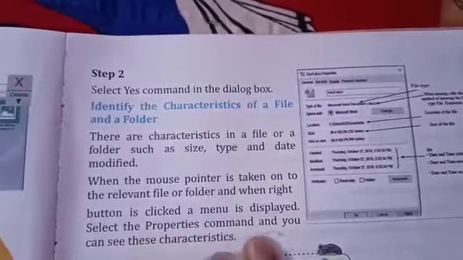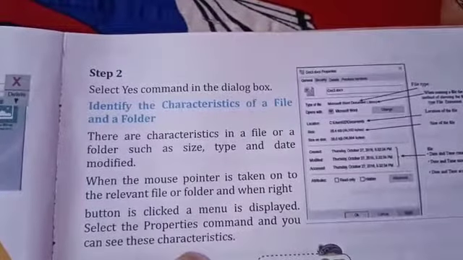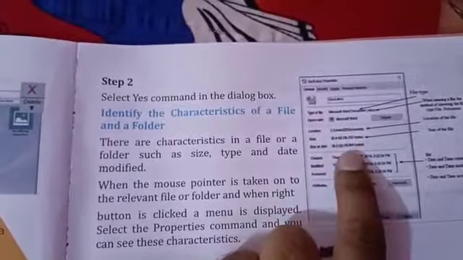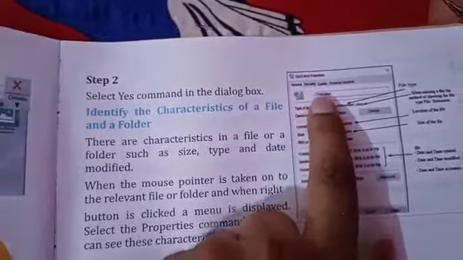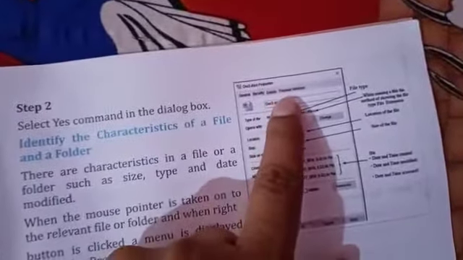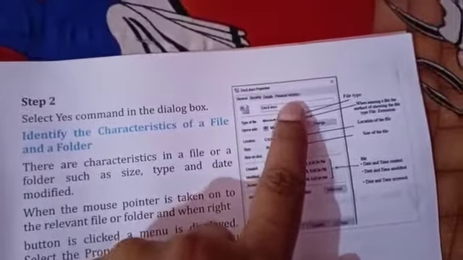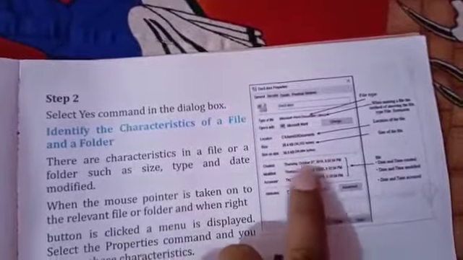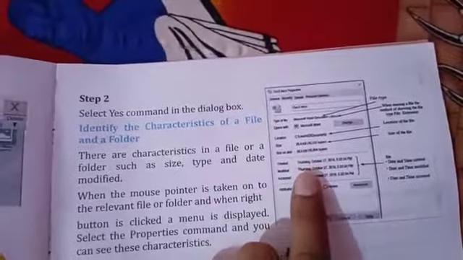Select the properties command and you can see these characteristics. This is called right click and properties command. Then you see general, security, details, previous versions. These are called the characteristics of the folder and files.